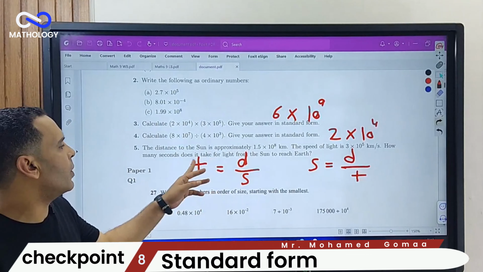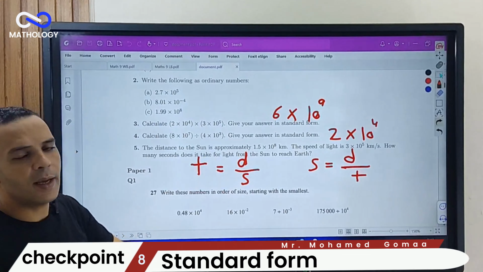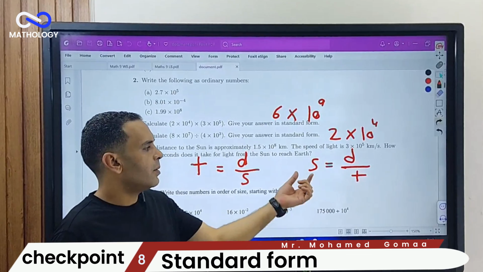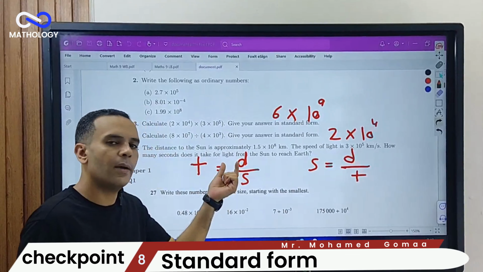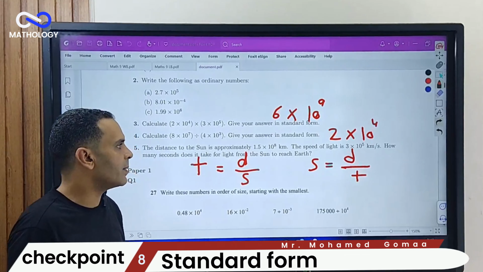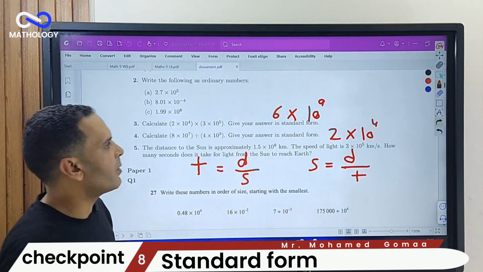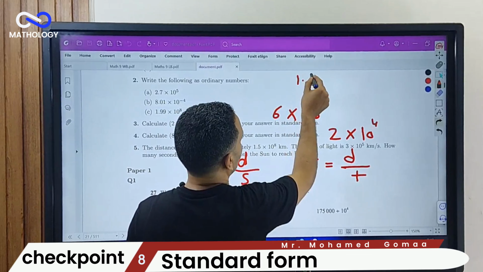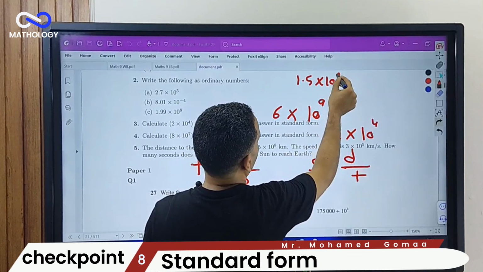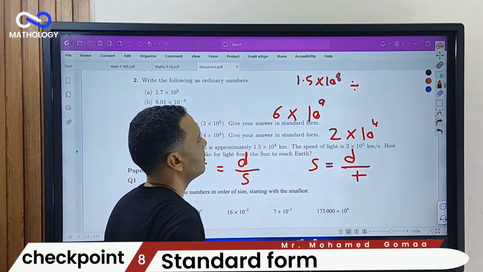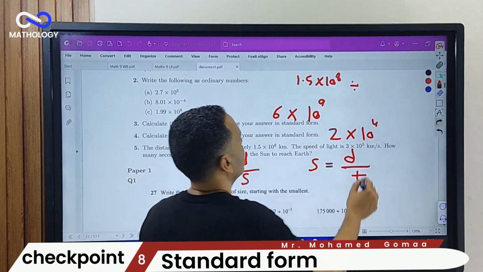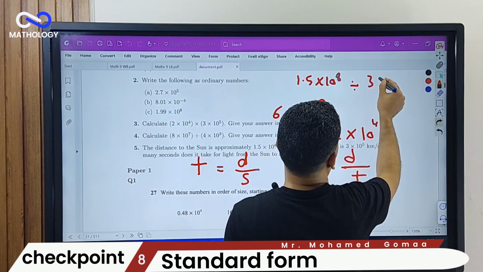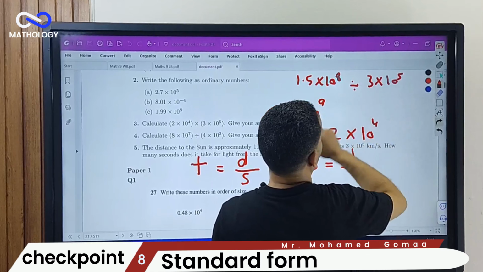Here he asked about what? How many seconds? He asked about the time. So speed equals distance over time. Time equals distance over speed. Distance 1.5 multiply 10 power 8 divided by the speed 3 multiply 10 power 5.